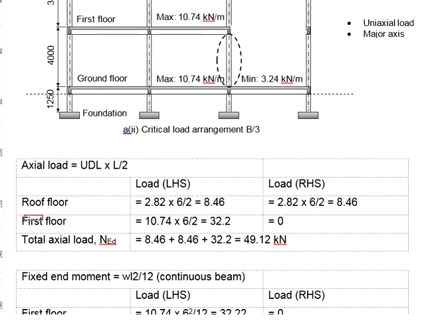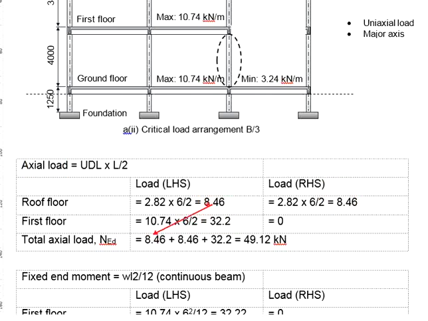And then for the first floor, the UDL multiply the span divided by 2, you get 32.2. You don't have any beam on the right hand side, therefore there will be 0 load. Your total axial loads, it will be the summations of all these vertical loads.